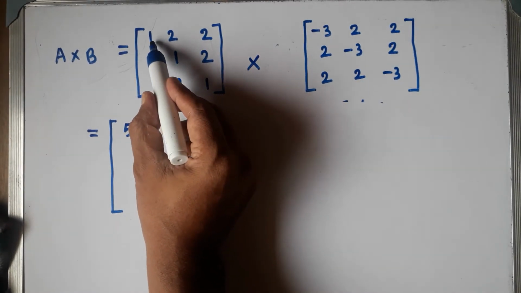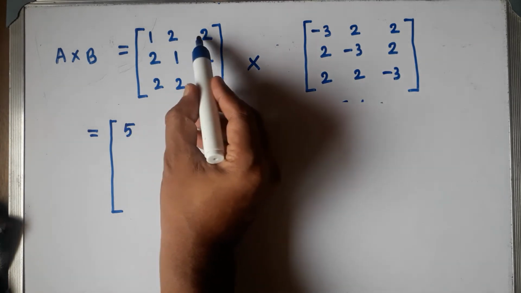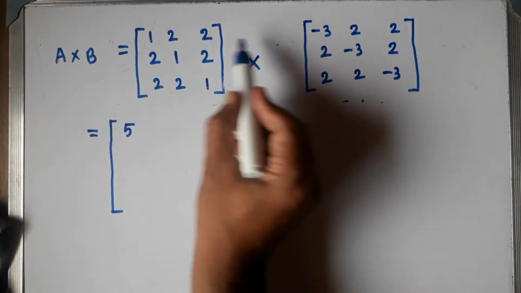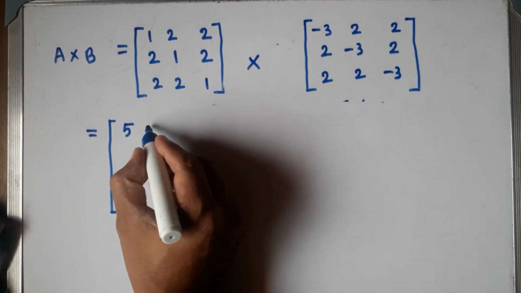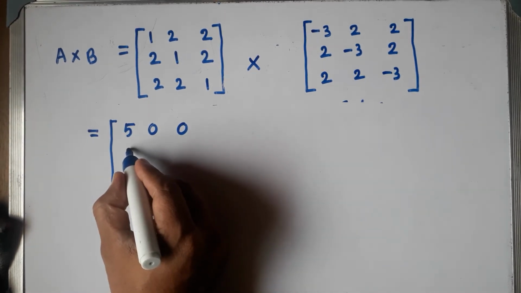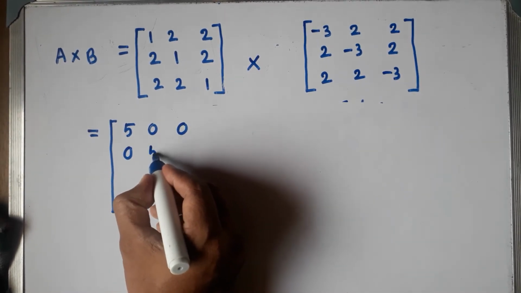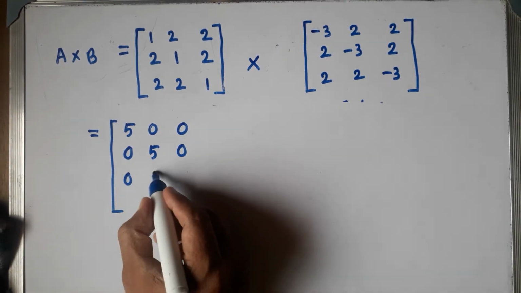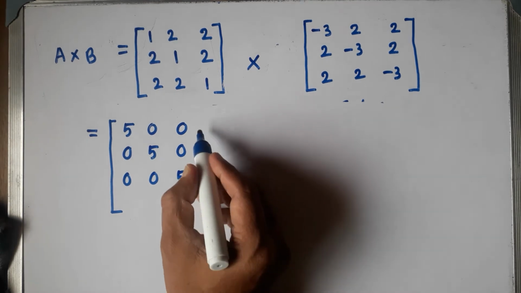Next, first row into second column. So this is 2 minus 6 plus 4, it is 0. Similarly 0, 0, it is 5, it is 0, 0, 0, 5.